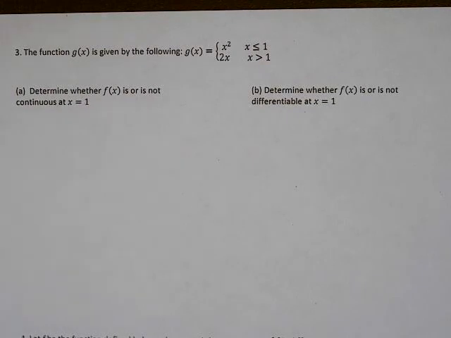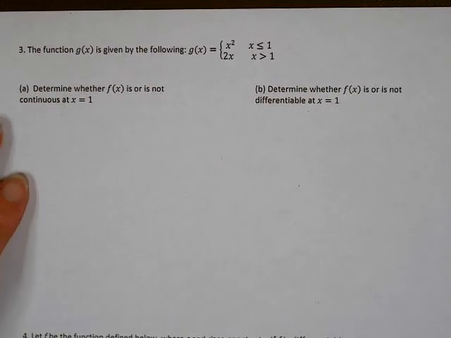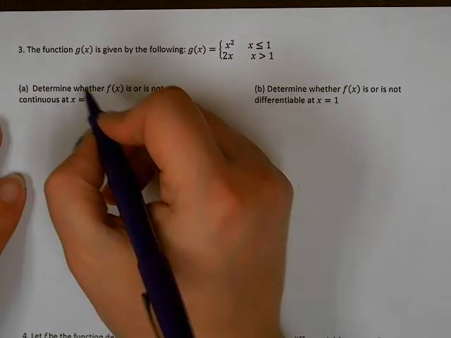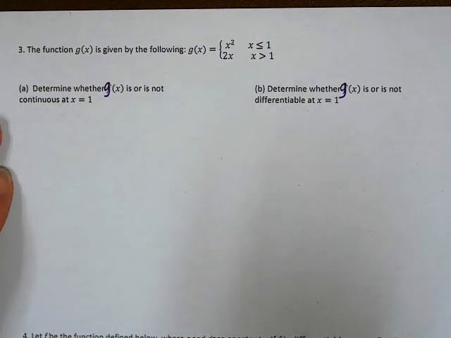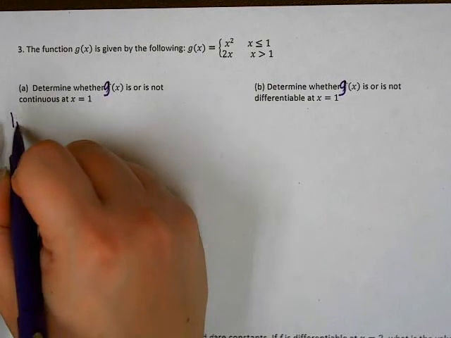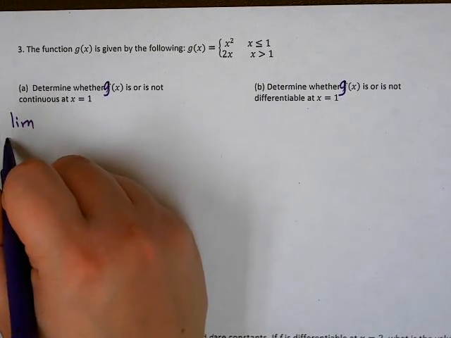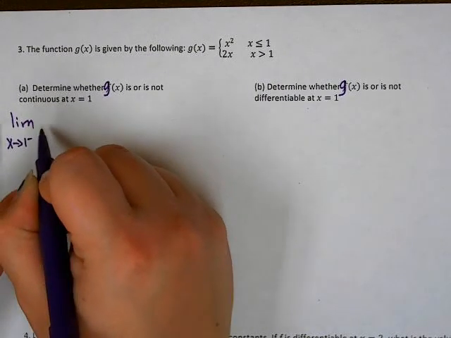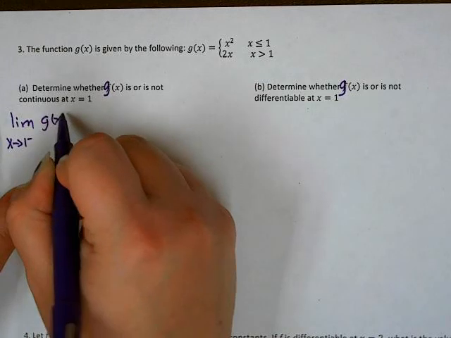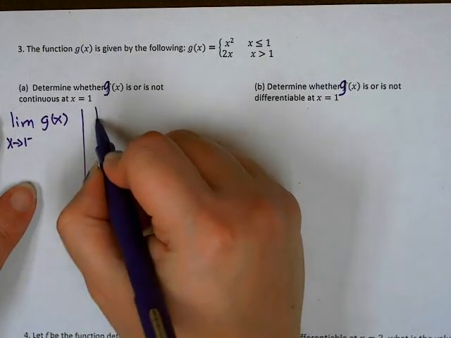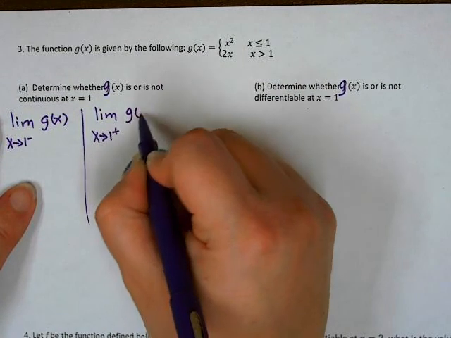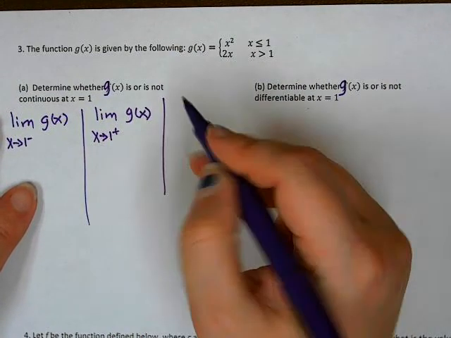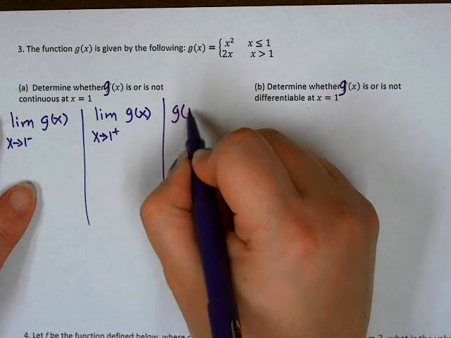So determine whether g of x is continuous or not. And actually, we're not doing f, we're doing g. So change that to a g for me, please. We're going to do the limit as x approaches 1 from the left of g of x, the limit as x approaches 1 from the right of g of x, and then we're going to do g of 1.